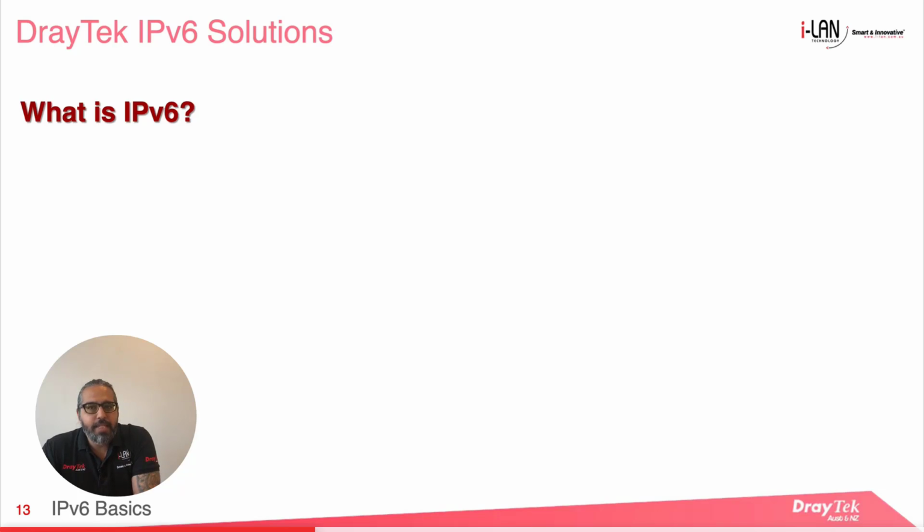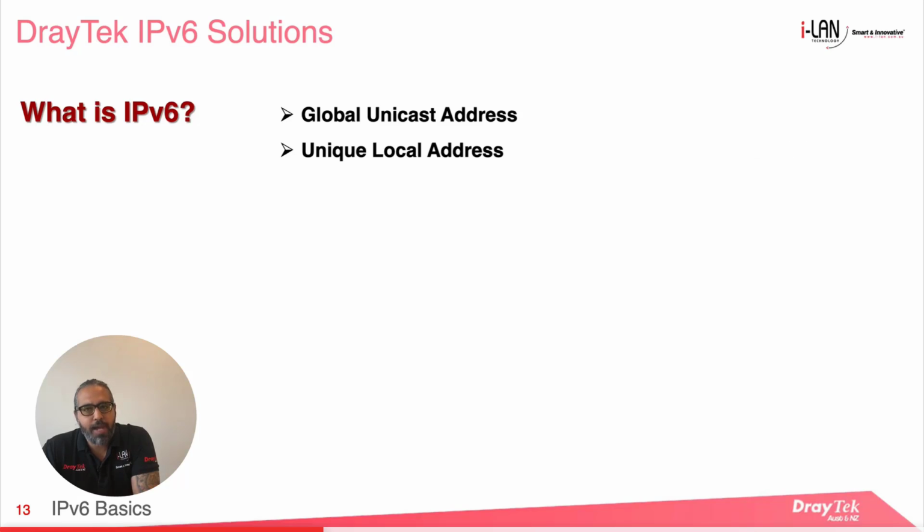Let's now look at the terminologies used to describe IPv6 address classes. Global unicast addresses are much like public IPv4 addresses. Unique local addresses are like private IPv4 addresses.